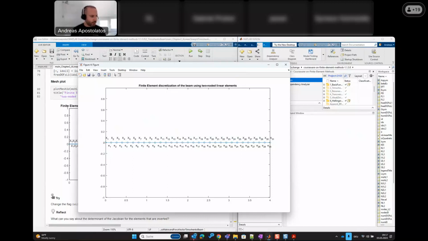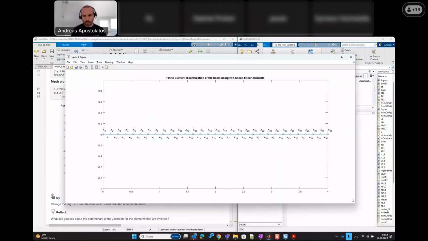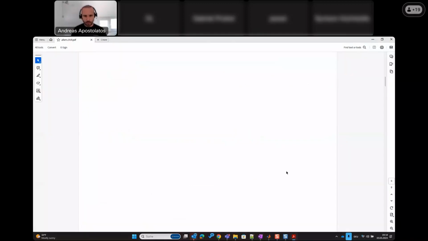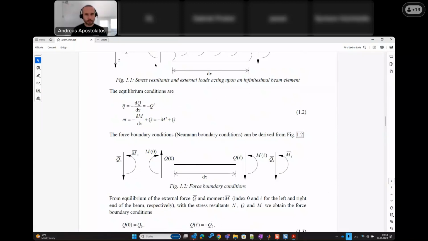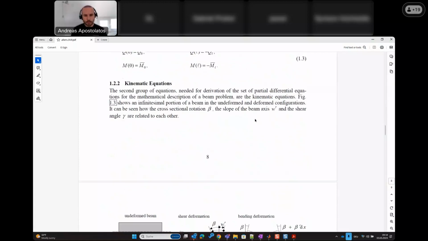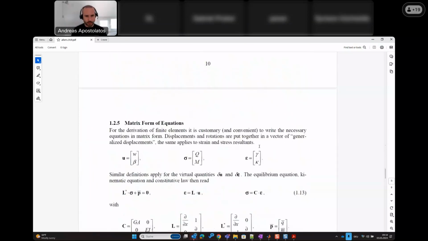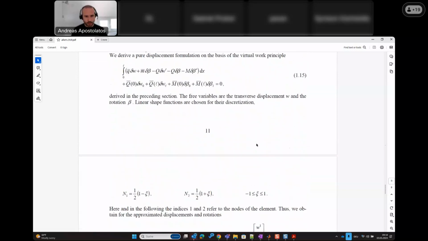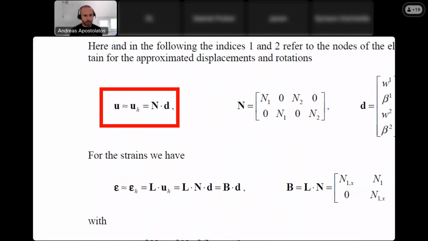We talk a lot about DOFs here, and I want to make sure that we are on the same page. So I'm going to open the PDF. I think it's easier. I have to scroll down to find the formulation. Where's the discretization? So it's here. There we go. You may have already seen this equation, right? This equation is very important.